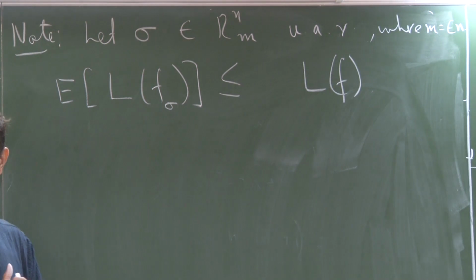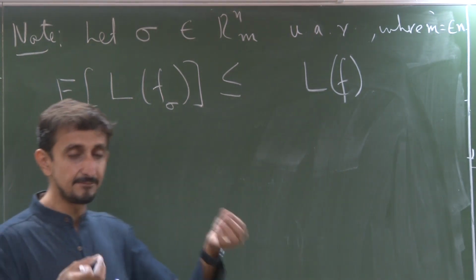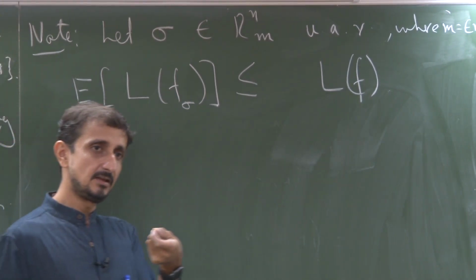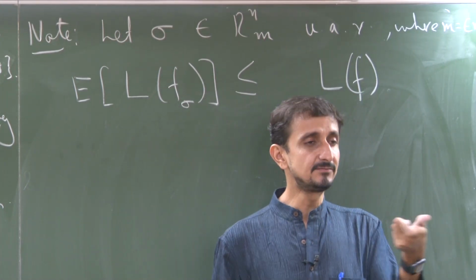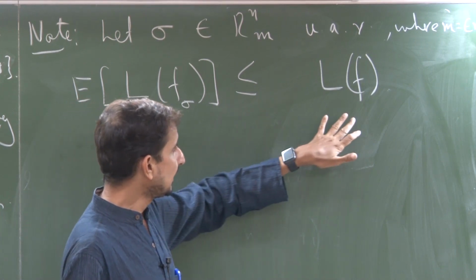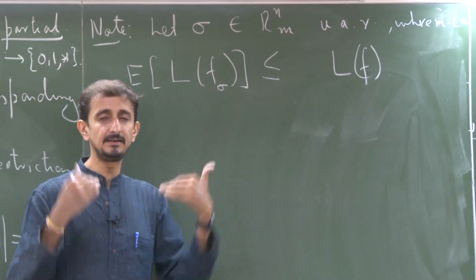Then what happens? Look at a variable x_i. If that x_i appears some l_i number of times, and if x_i is set to 0 or 1, then the size of that formula will decrease by l_i.